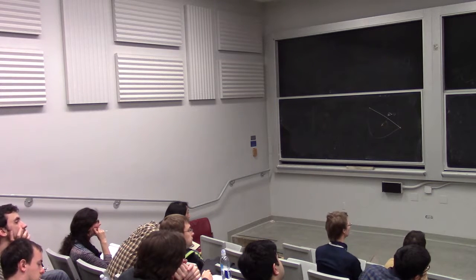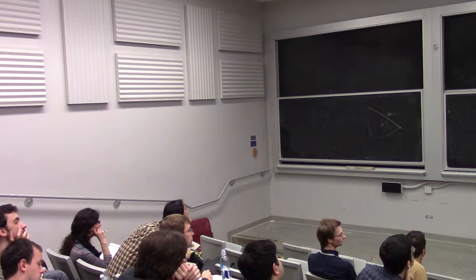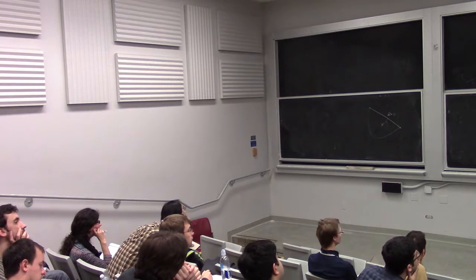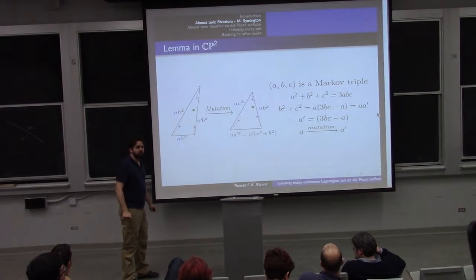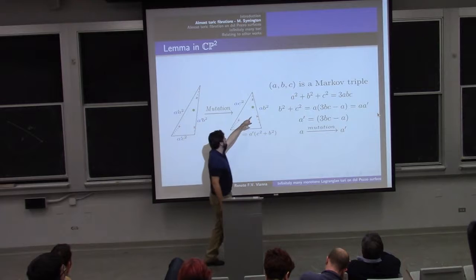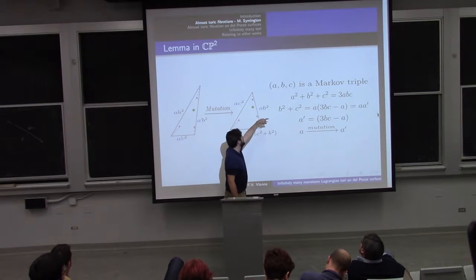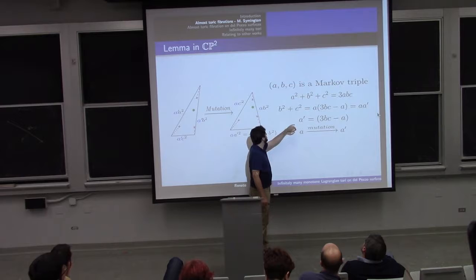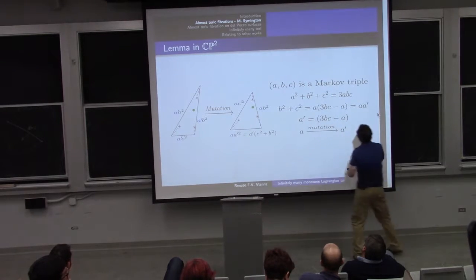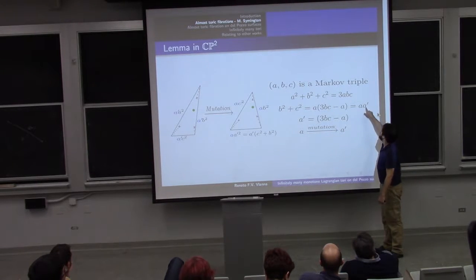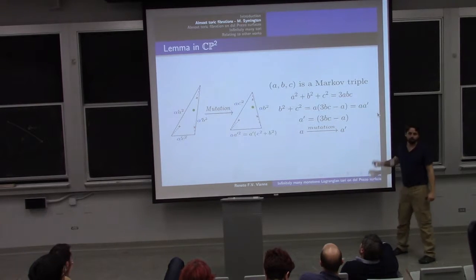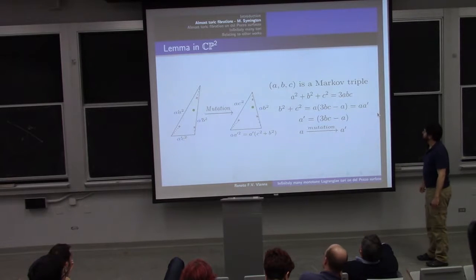And then we see that when we perform these mutations, they are in one-to-one correspondence to solutions of the Markov equation. So if I have a Markov triple, which is the solution of this equation here, I can rewrite the same equation in this way, and then it becomes clear that if I mutate A to A prime, then A prime, B, and C solve the same equation that was solved by A, B, and C. So we call this a mutation on the Markov triple equations.